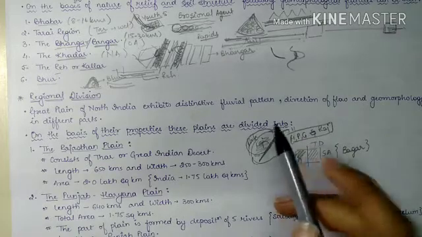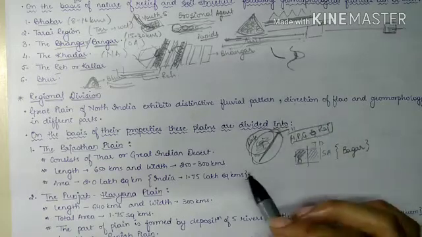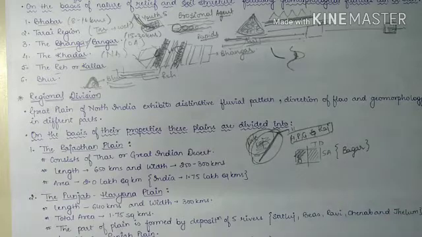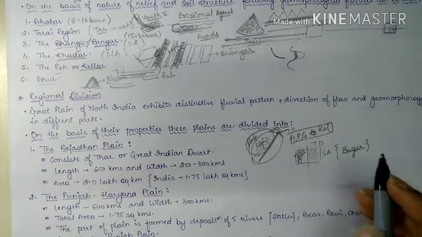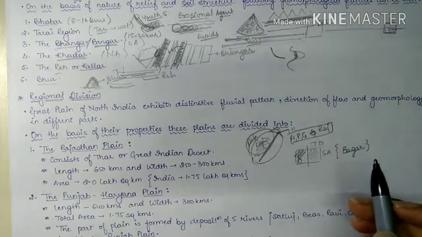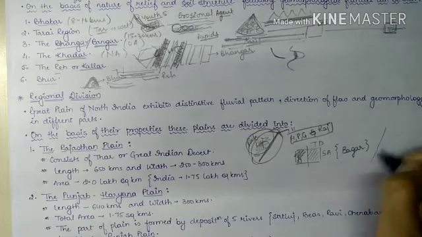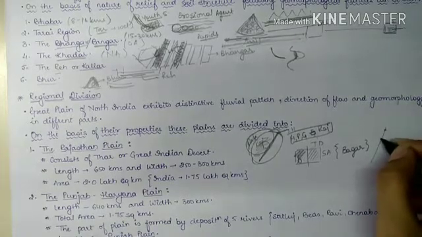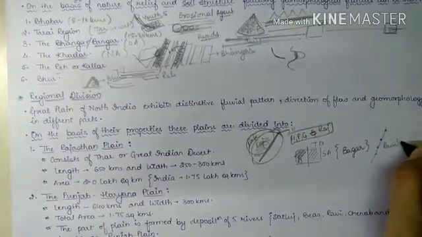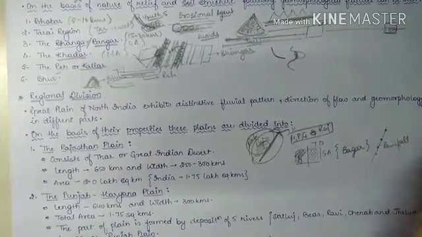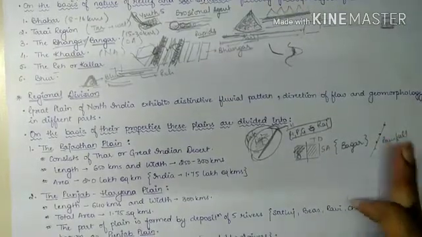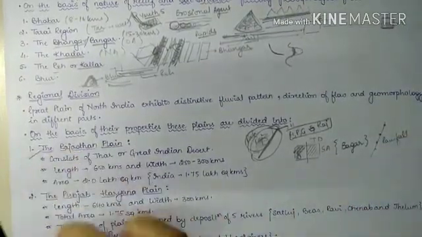It runs in a northeast to southwest direction from the edge of the Aravalli in the east to the 25 centimeter isohyet. An isohyet is a line which joins areas having similar rainfall, and contours are the ones which join areas having similar height. So this is about the Rajasthan plain.